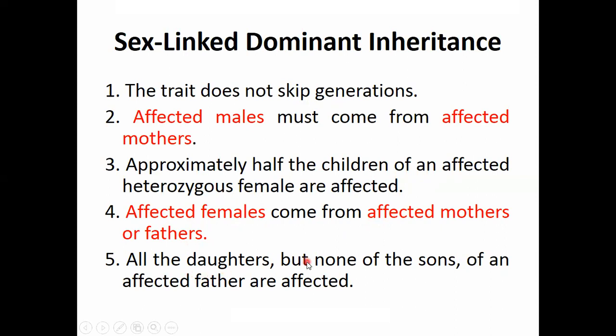All the daughters but none of the sons of an affected father are affected. It means if a father has an X-linked dominant disorder, then he can affect all his daughters, but all his sons are normal, because the father passes his X chromosome to his daughters and his Y chromosome to his sons.